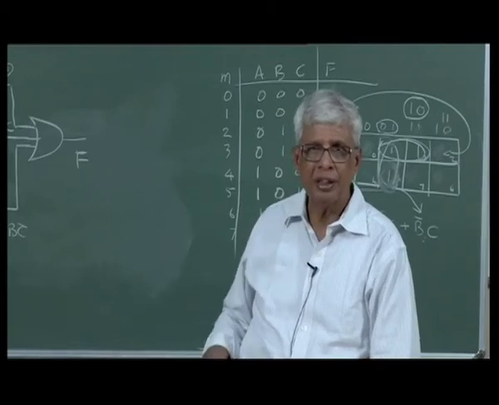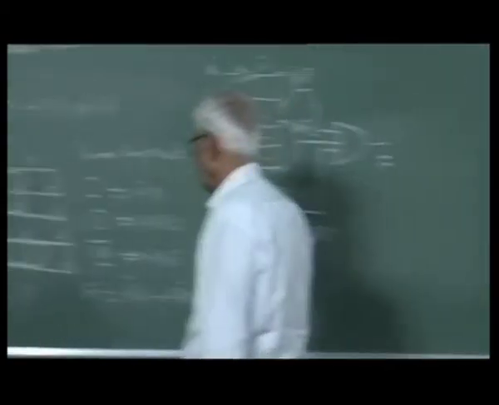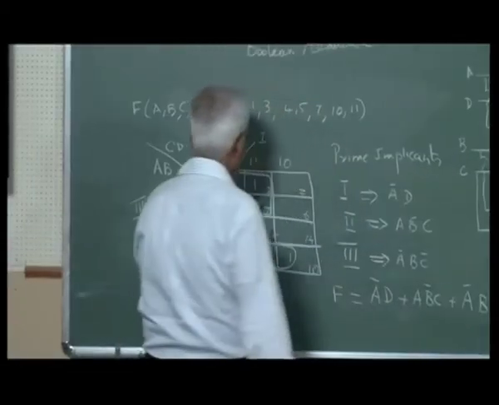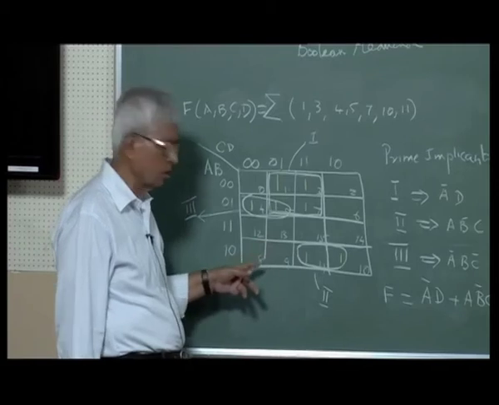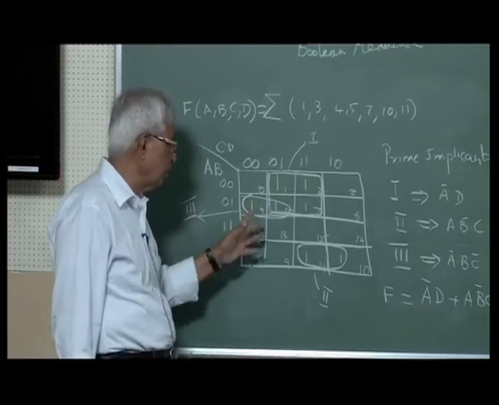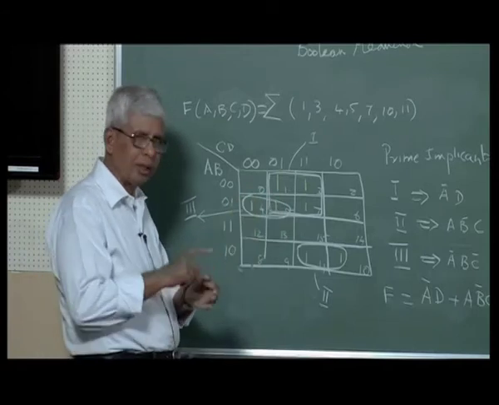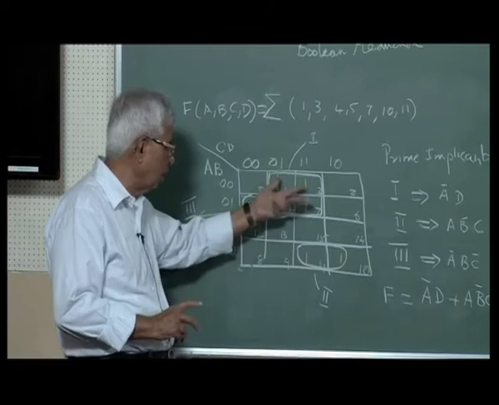Systematic way of reducing. Draw a 2-dimensional map, put ones wherever f is 1, leave the rest as zeros, combine the ones, make sure that ones are combined in groups of 2, 4, 8 like that. Make sure all the ones are covered.